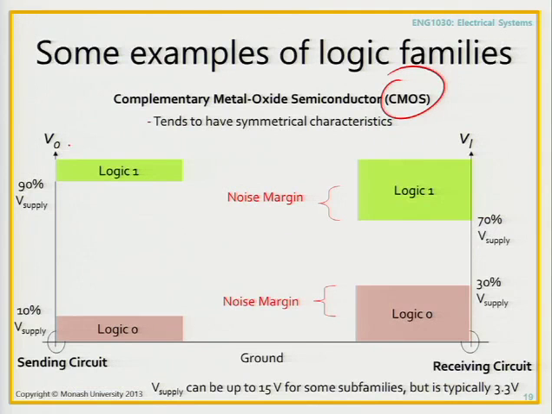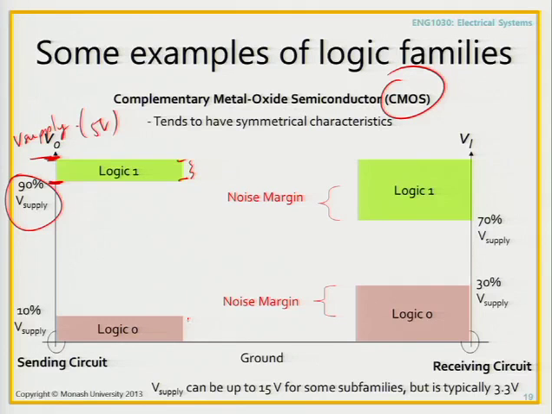Okay, so when a CMOS gate or CMOS device sends a logic 1, it will send a value of voltage which is really, really tightly defined. It's like 90% of V supply, and let's say V supply is the maximum voltage. Could be 5 volts. Then V supply, if I send a logic 1, the manufacturing characteristics will make it so that this will always be between this range for logic 1.